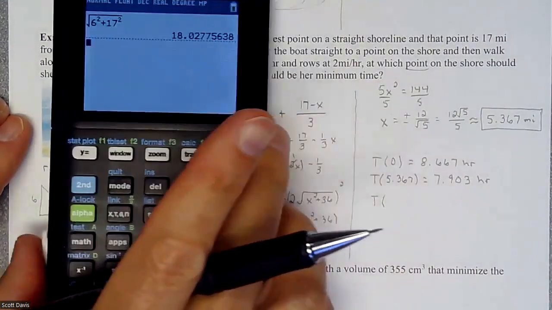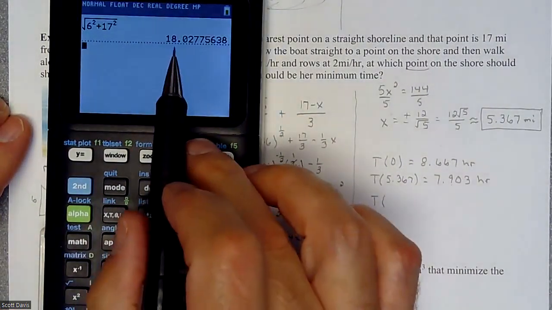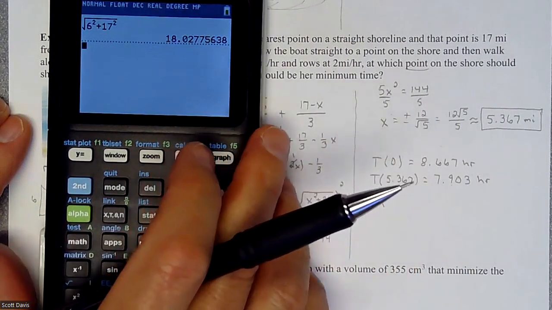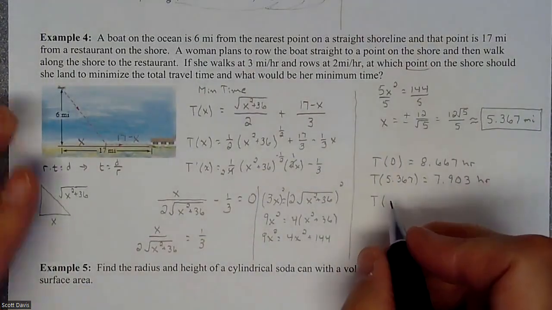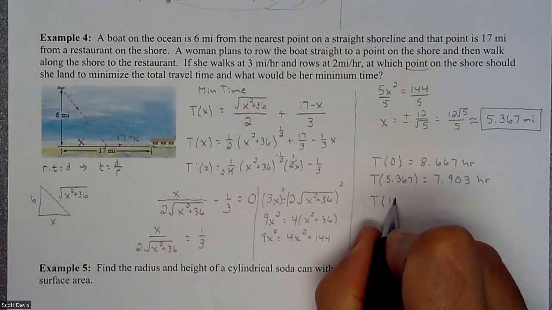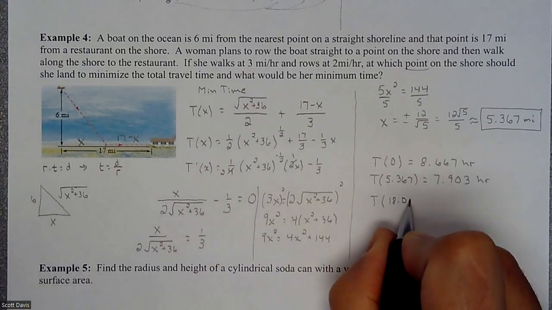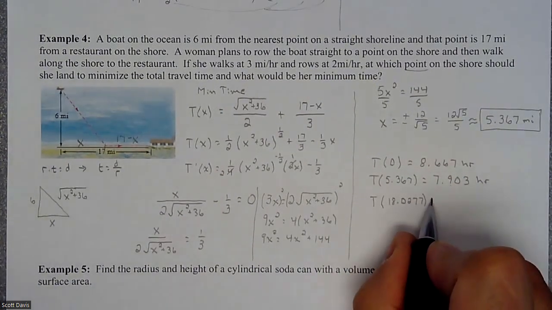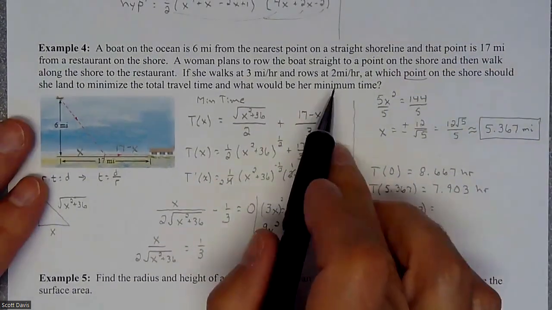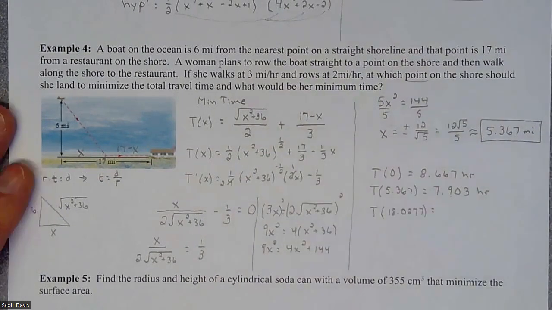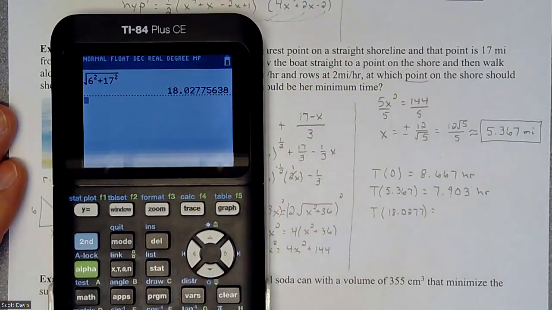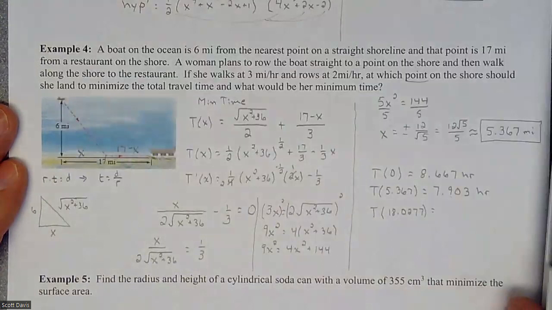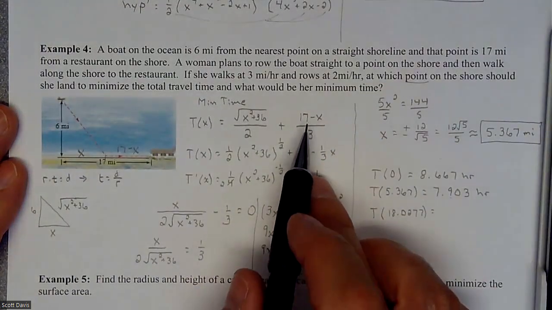So the distance that she's looking at would be 18.0277. And if she went that distance, the amount of time that it would take would be pure rowing. So we would multiply that by 2.